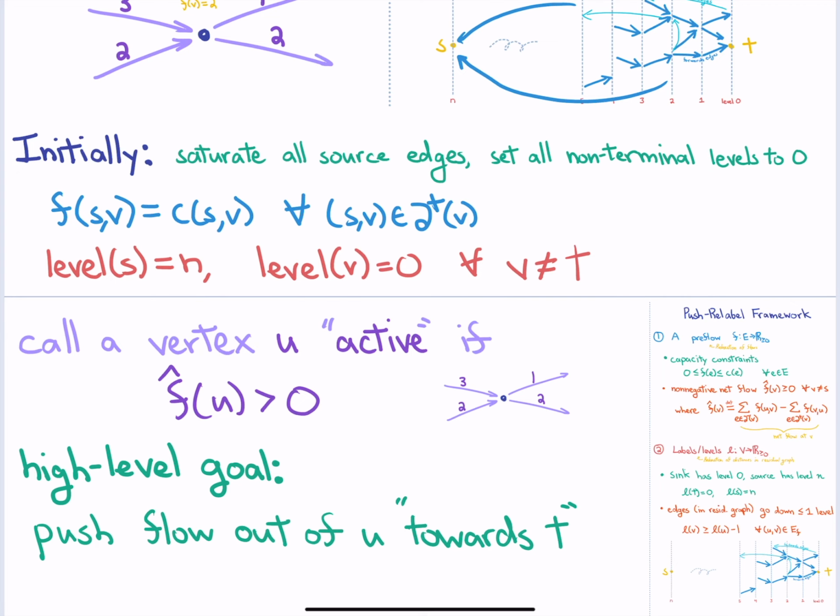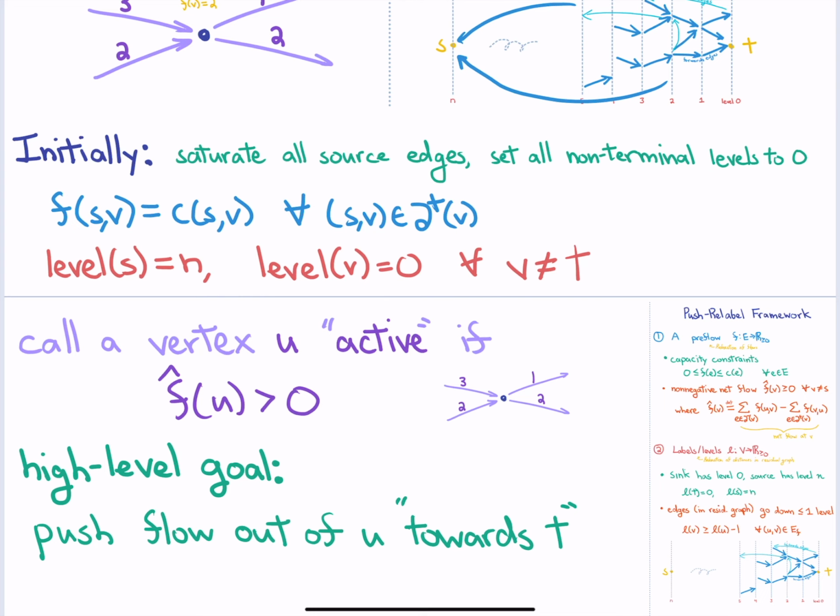I'm going to keep trying to push, push, push, and eventually push all that water one edge at a time to the sink. Initially I took S and pushed as much water as I can. There's a little extra water out there. Then I might take another vertex, push some water, push some water, and hopefully I can get it to the sink over time.